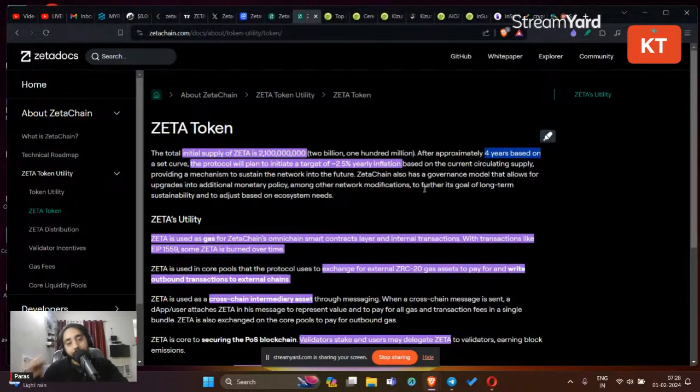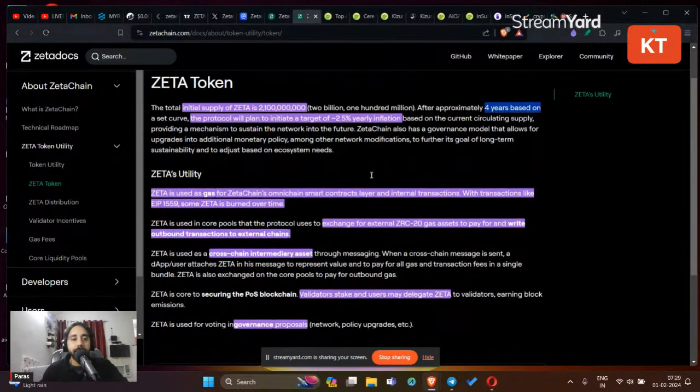That means if you're planning to buy this token at the lowest price, 2024 can be a time for you, because after 4 years they will inject the inflation according to their tokenomics, which is like 2.5% yearly inflation based on the current circulation supply. So that means this 2.1 billion tokens is not the maximum supply. After 4 years, this number can fluctuate. That's why you have to be aware of the tokenomics, and that's why it's very important that you should know how the token is going to work.